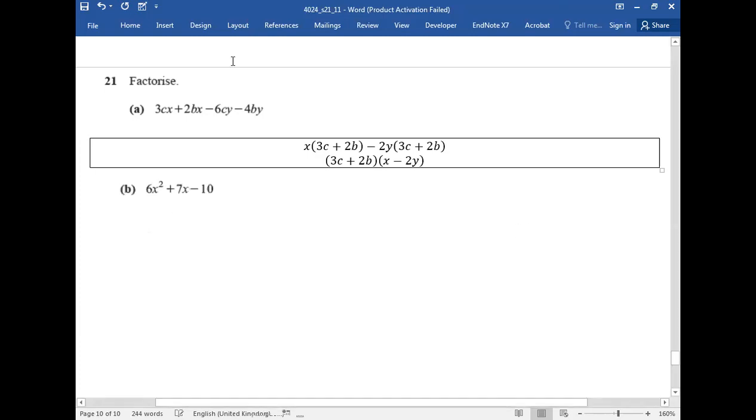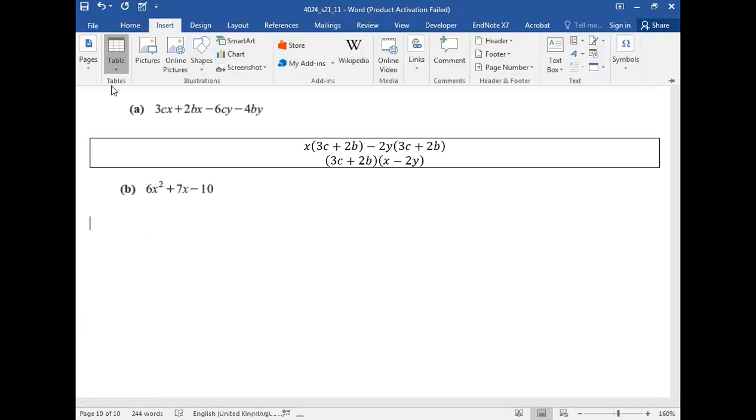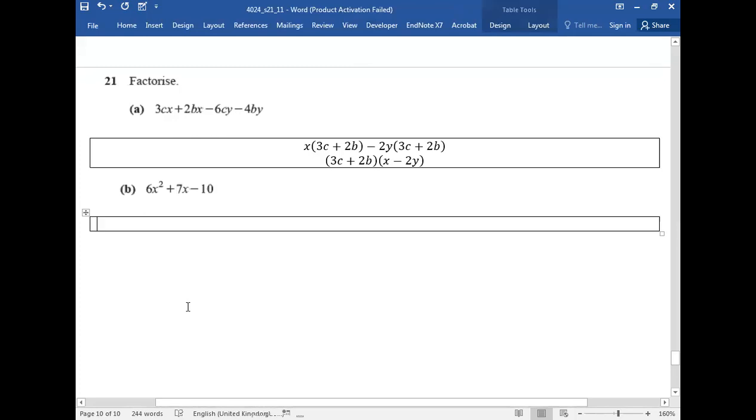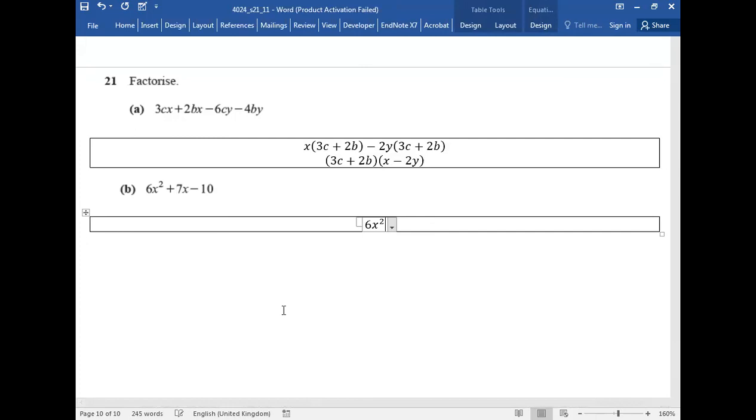Okay, how do we factorize 3 terms? We break the middle term, we get converted into 4 terms, and we follow the same process, right? So how do we break the middle term? The product of 6 and minus 10 is minus 60.